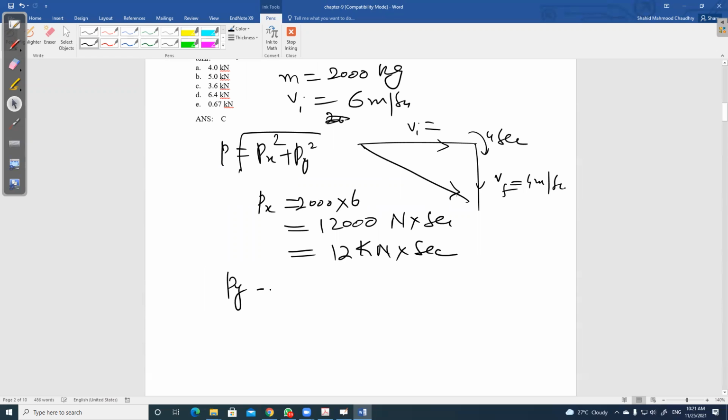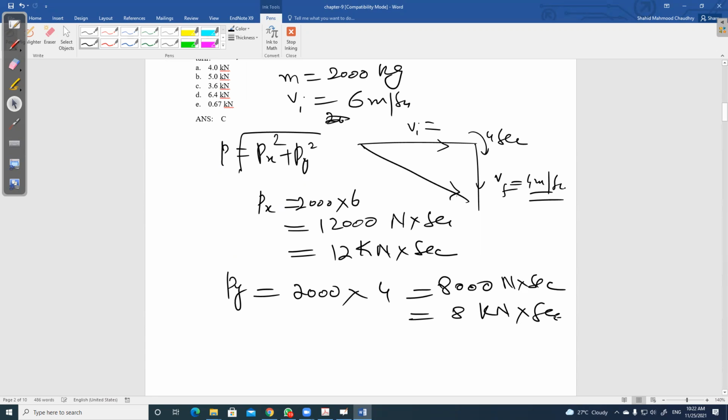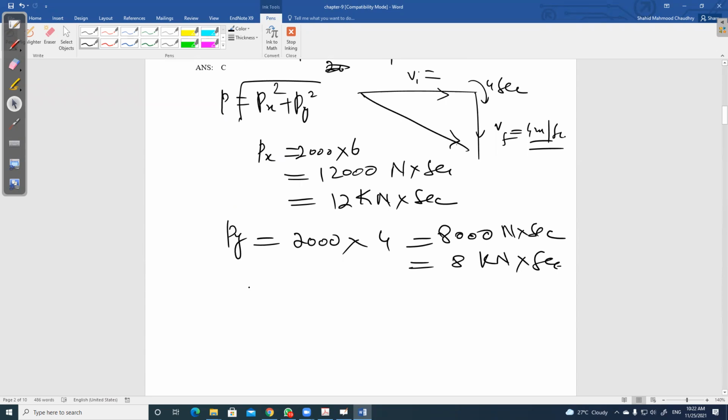Then you can find py. Py is 2000, mass is the same, times 4. This is 8000 newton-seconds, or 8 kilonewton-seconds. Now the p value is the square root of 12 squared plus 8 squared, and the answer is 14.42 kilonewton-seconds.